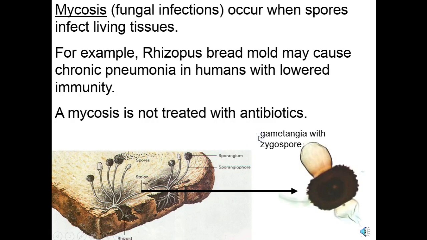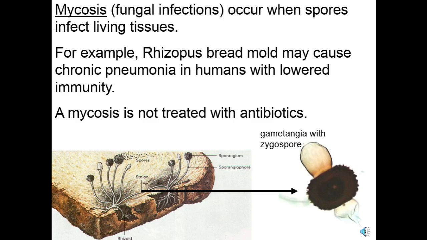Okay, mycosis is a fungal infection, and that occurs anytime spores infect living tissue. So we don't call bread mold a mycosis because the bread's really not alive. But bread mold, which is the genus Rhizopus, can cause a chronic pneumonia.